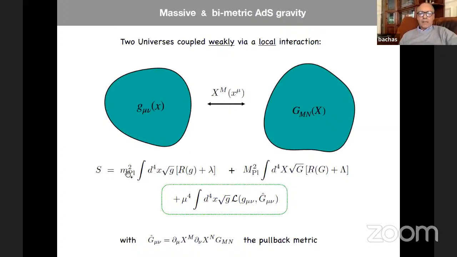Now, before coupling them, the two universes have two separate Einstein actions, different cosmological constants, maybe different energy-momentum content, so matter fields. And of course, they live on different manifolds. So I use small x, lowercase x, and capital X for the coordinates of the two manifolds, and lowercase g and capital G for the metrics on them.